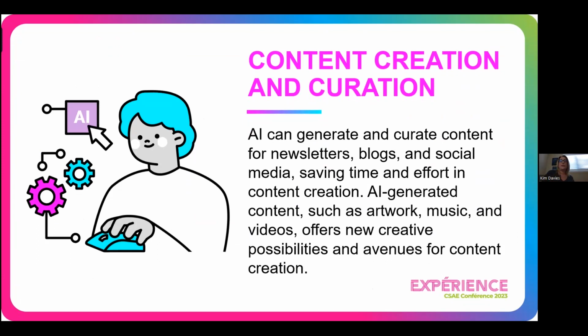Another great way to use AI is to create content. AI can be used to curate content for your members' communications in the form of newsletters, websites, blogs, and your social media presence.